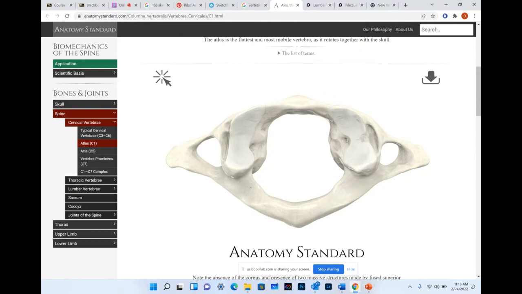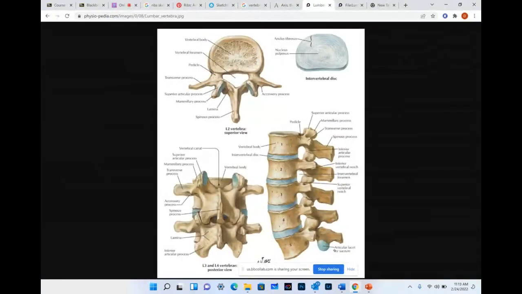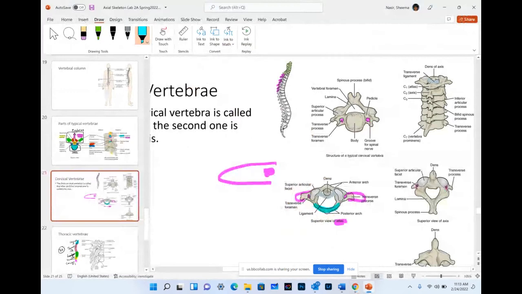But most important thing, it does not have a body. Remember the body, this body right here, remember this? Atlas does not have the body. So if you see a vertebra without body, don't even think twice, that is atlas. And then on the shorter side, there will be facet for dens.